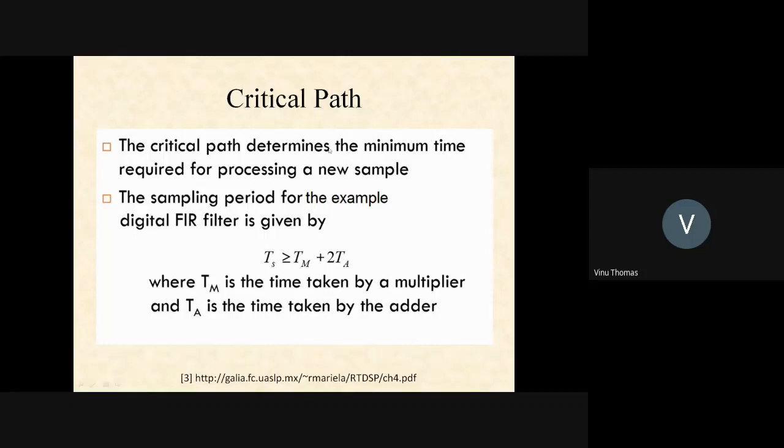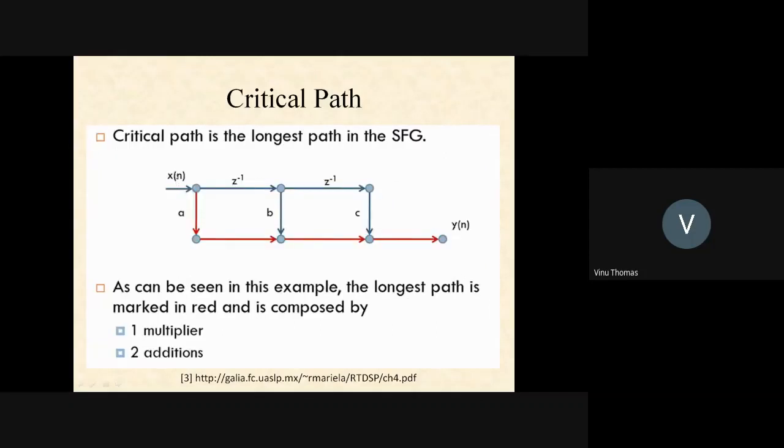So the critical path determines the minimum time required for processing a new sample, which means that if you have an x of n here, this output will appear only after the time for one multiplier and the time for two additions.